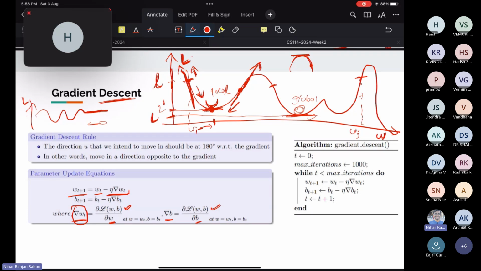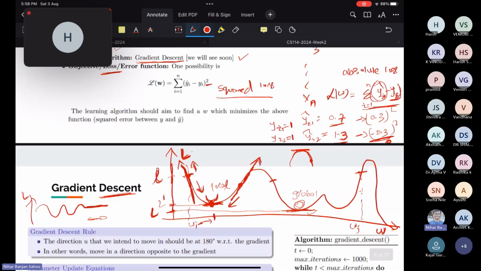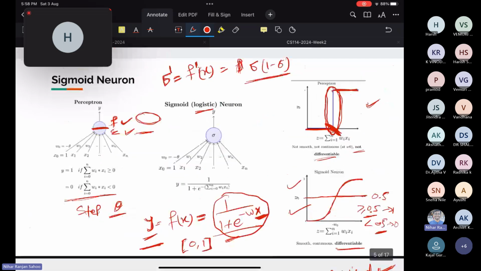Because we don't know the exact nature of this plot, we cannot say what will be the best initial W value to reach the global minimum. But there are some algorithms that try to figure out the best value depending on the kind of architecture, the number of parameters, and the type of nonlinear function. Here the nonlinear function is sigmoid.